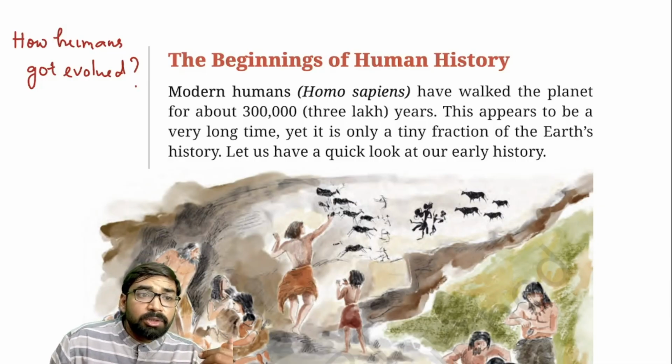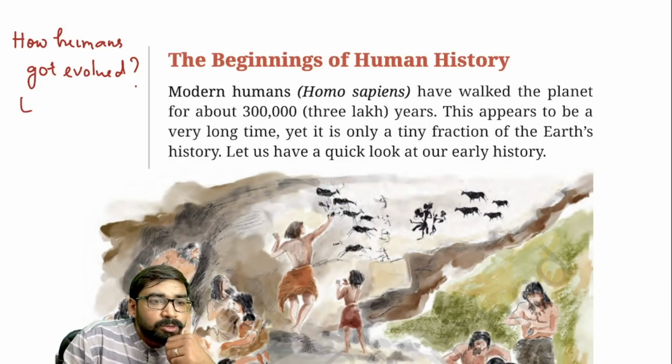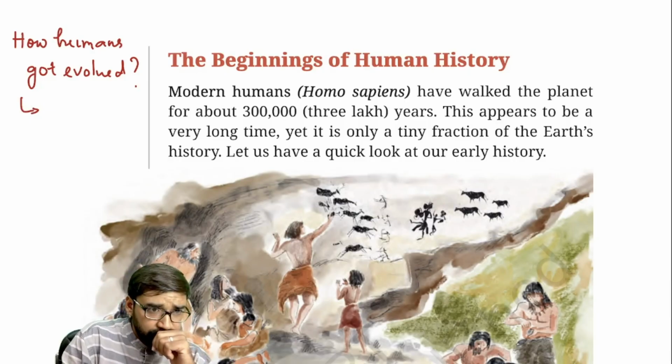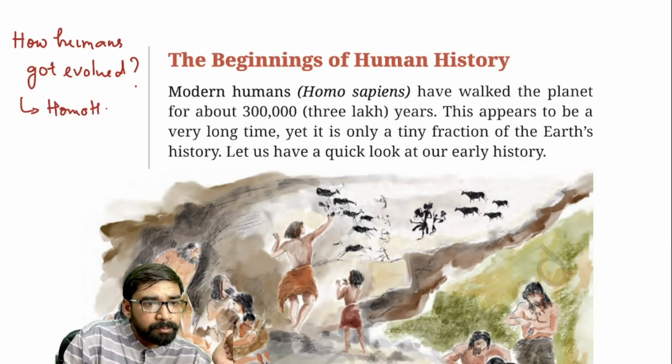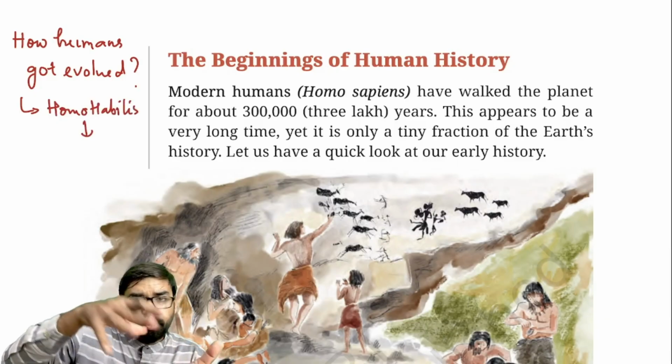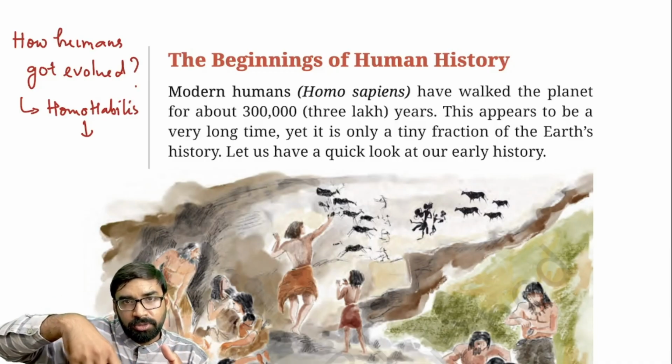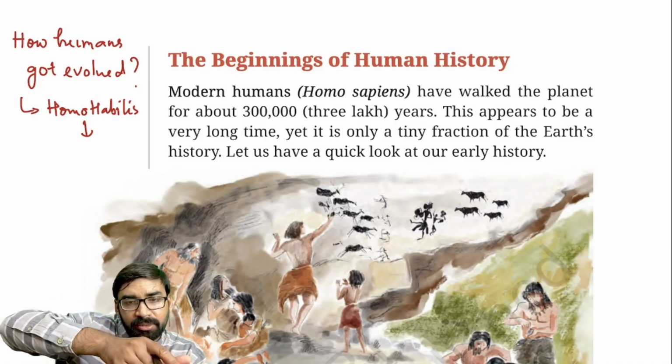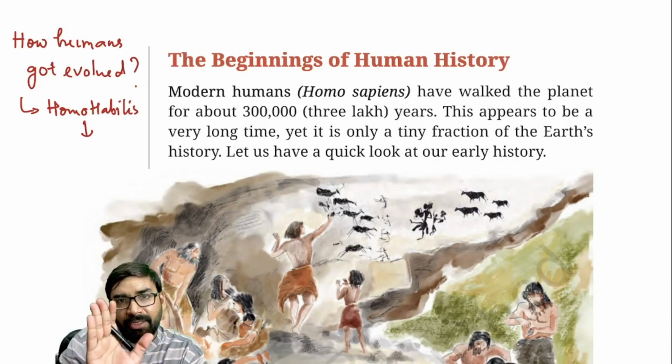So when we talk about the evolution of human beings, the cycle starts from Homo habilis. Then Homo habilis means four-pawed animal. Then these Homo habilis became upright man like this.